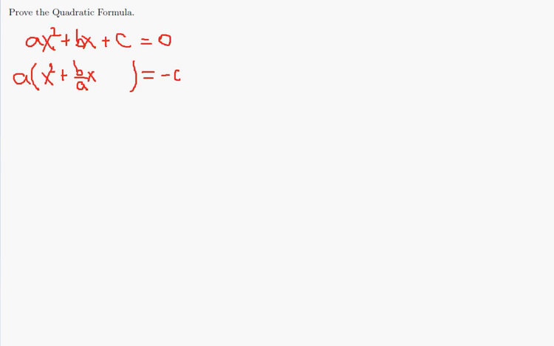Now I need to complete the square, and the way that I complete the square is I divide the thing multiplying x by 2, so that's b over 2a, and then I square that, and squaring that gives me plus b squared over 4a squared. And on the other side to compensate, I have a times b squared over 4a squared.